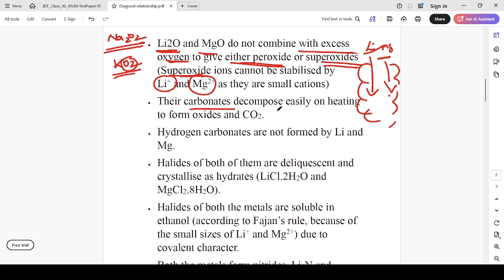Their carbonates decompose easily on heating to form oxides and carbon dioxide. Lithium carbonate forms lithium oxide and carbon dioxide. Similarly, magnesium carbonate gives magnesium oxide and carbon dioxide.